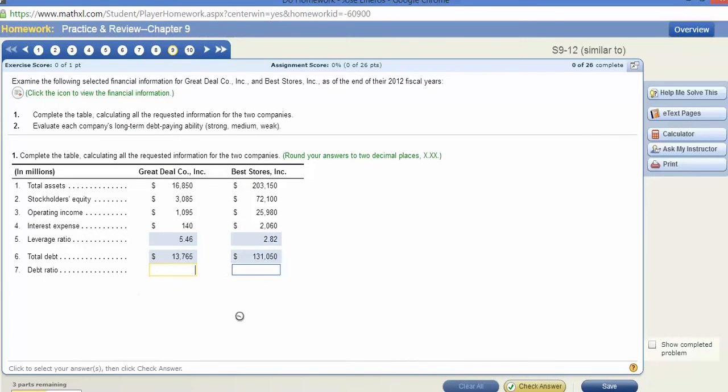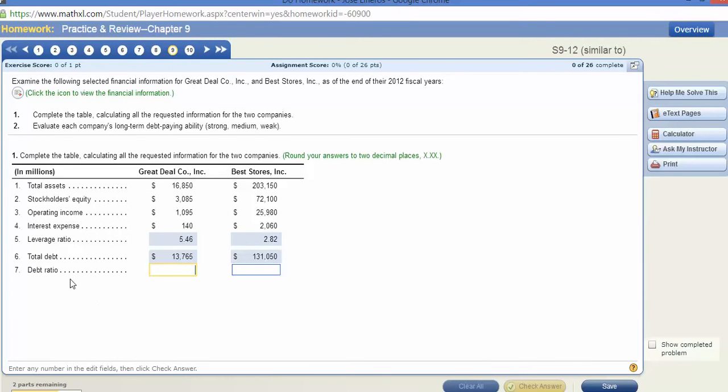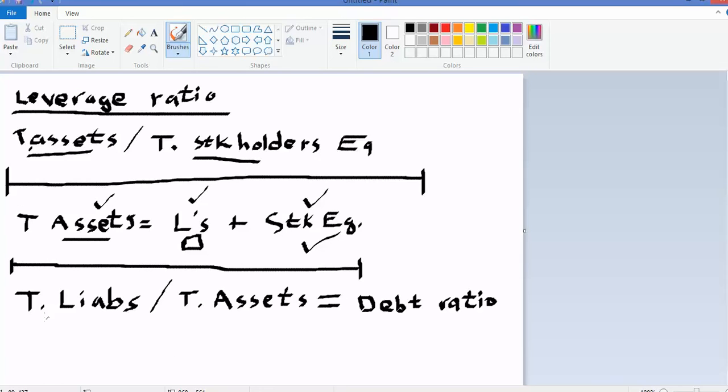Now let's compute the debt ratio. Debt ratio, if you'll recall from your book and lectures, is defined as total liabilities divided by total assets. What the debt ratio is trying to identify is how many assets the company has to cover a certain amount of stockholders' equity. Generally speaking, you want the assets to be high in relation to stockholders' equity.